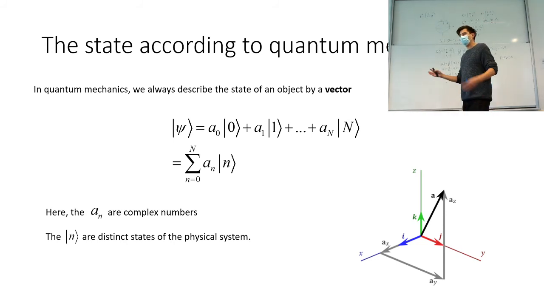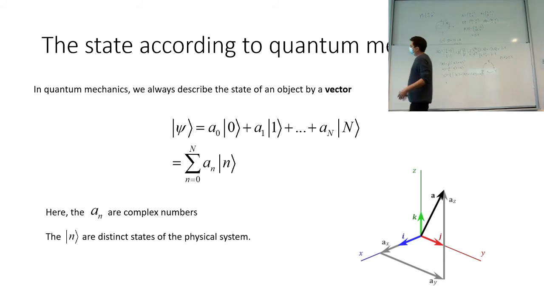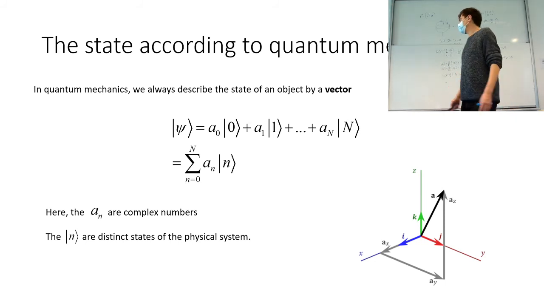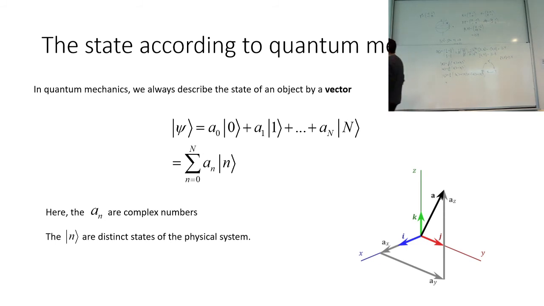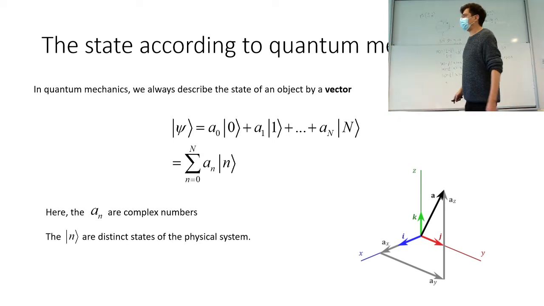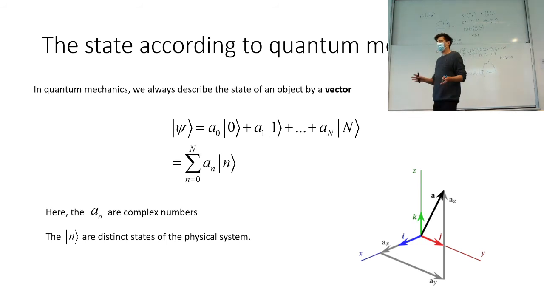Our position and velocity classically were not complex numbers, but this is going to be in general complex. And what are these vectors here, 0, 1, 2? These are some distinct states of the physical system. So the actual nature of the vector is quite different in quantum mechanics.